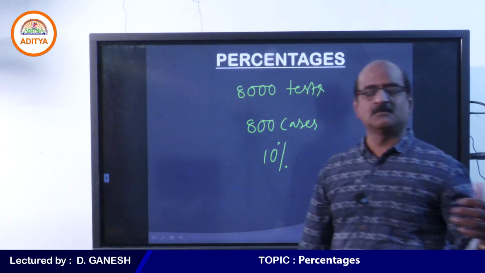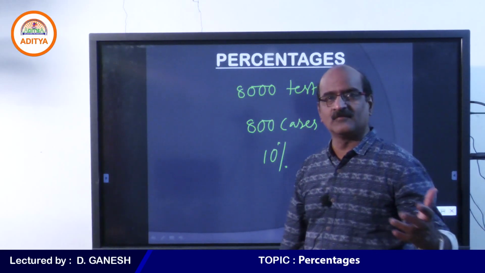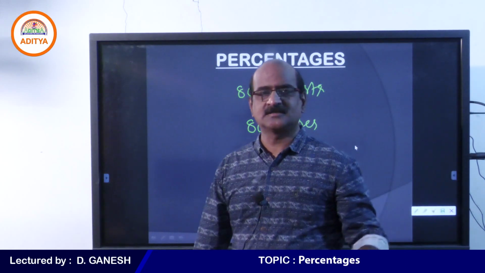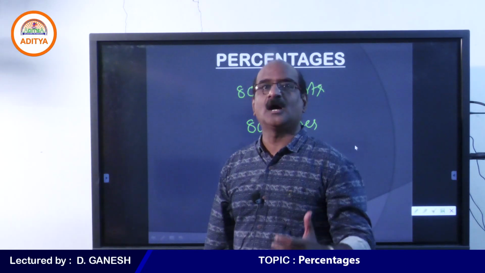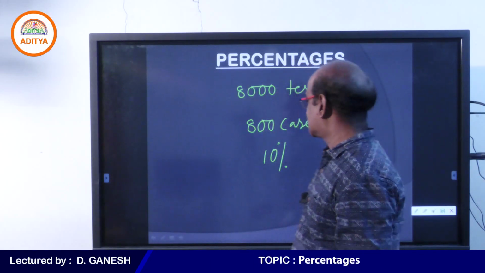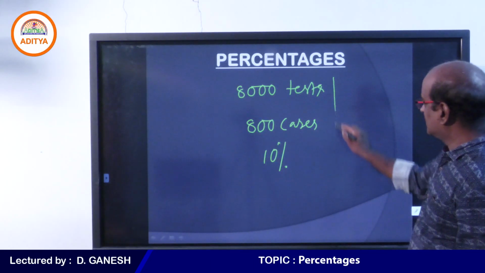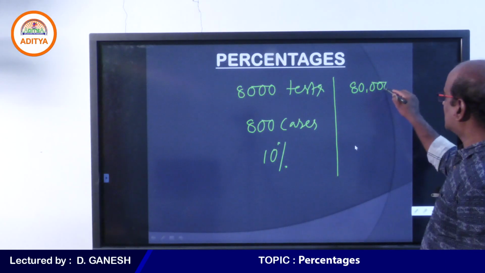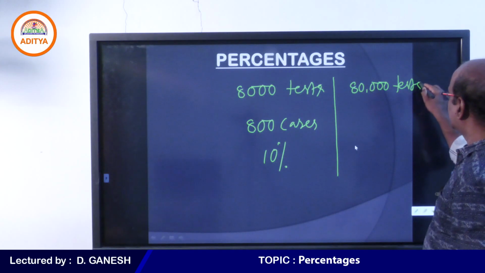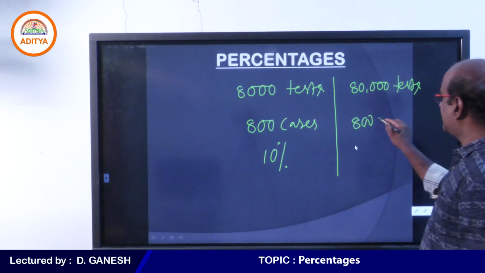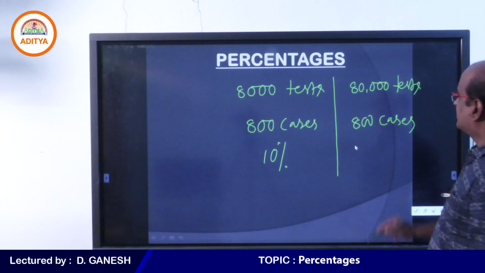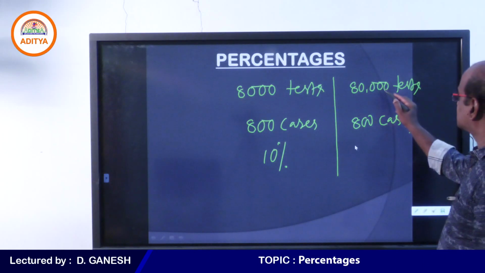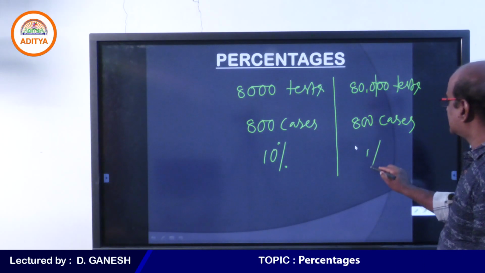So what I mean by saying this is, you cannot conclude whether we are safe or not just by looking at the number. We have to see how many tests are conducted. For example, on any other given day, 80,000 tests are conducted, and out of 80,000 tests, you have reported around 800 cases, then we can certainly say that the positivity rate is just 1%.